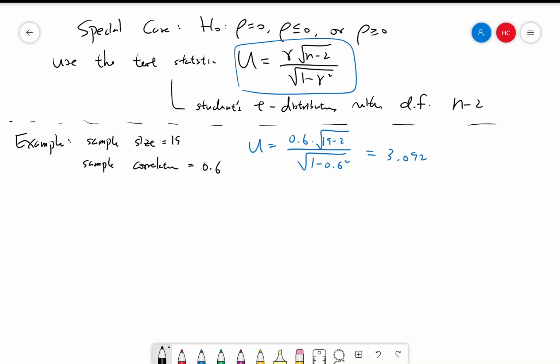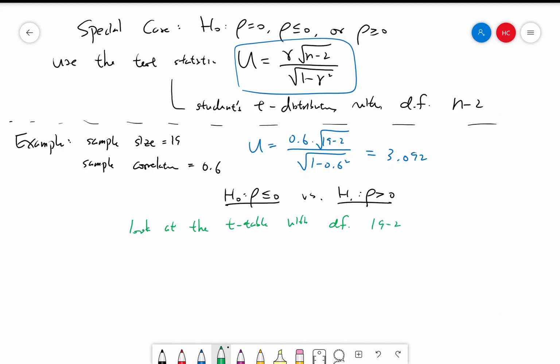So if we want to calculate the p-value of the hypothesis testing, the null hypothesis is rho less than or equal to 0 versus H1 is rho greater than 0. Then we look at the t-table with degrees of freedom n minus 2, so 19 minus 2 is 17. We look at the t-table, row 17, and look for the value 3.092.